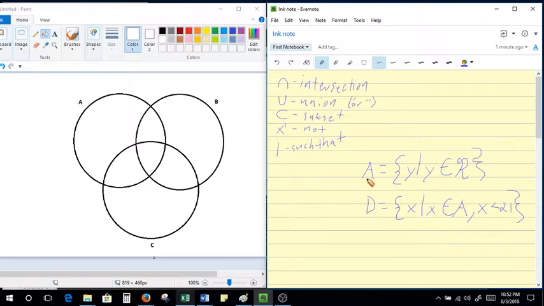Okay, so D by default here is going to be part of A because this is all real numbers.